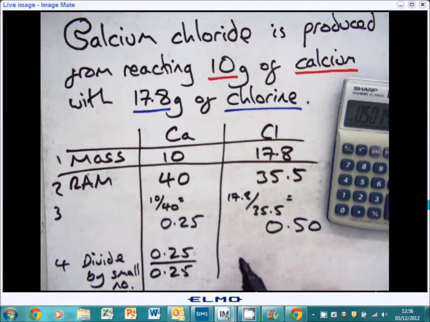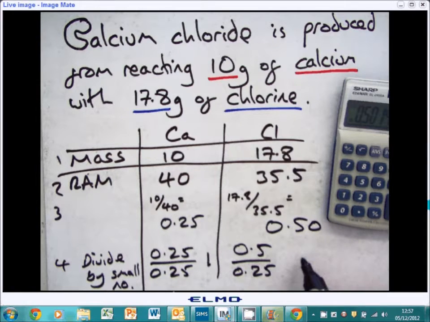So 0.525 divided by 0.25 and 0.5 divided by 0.25. You'll work out this will be 1 and this will be 2, telling you have 1 calcium and 2 chlorines. So your formula is CaCl2.